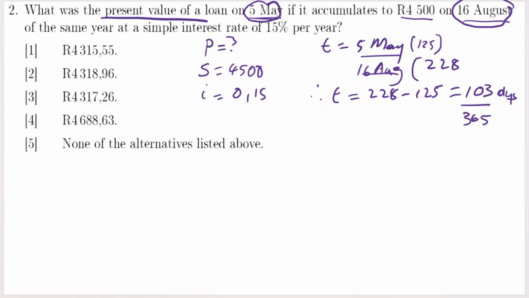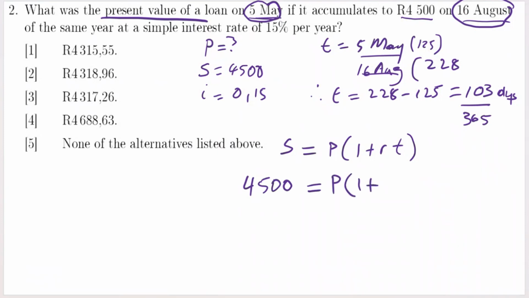So you know the formula for the simple interest is equal to P into (1 plus RT). You are given the accumulated amount, and you don't know the P, so you've got 1 plus your R. You know your R is 0.15, and the time is 103 over 365.